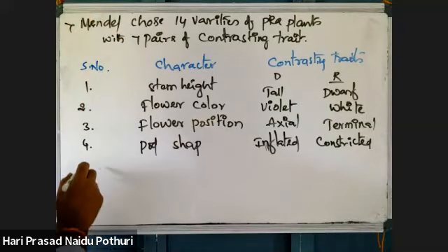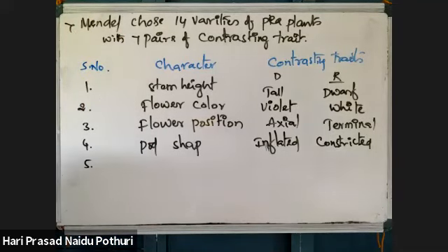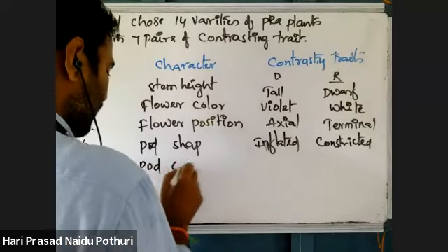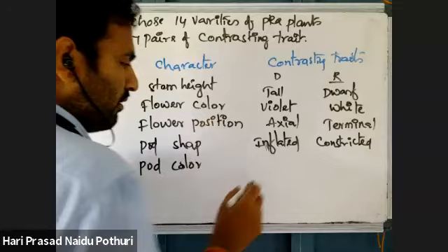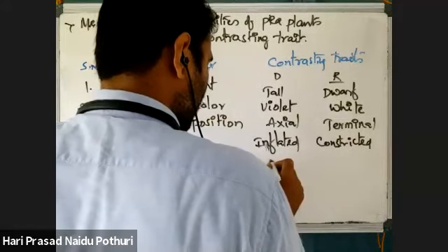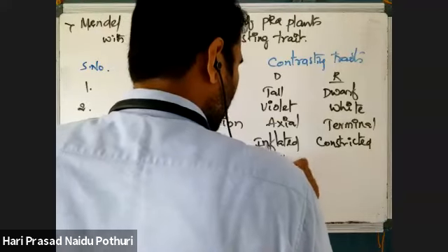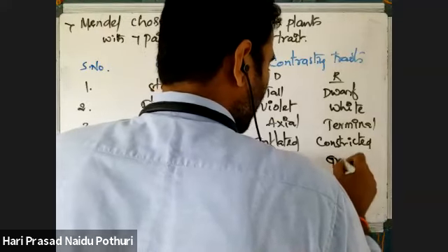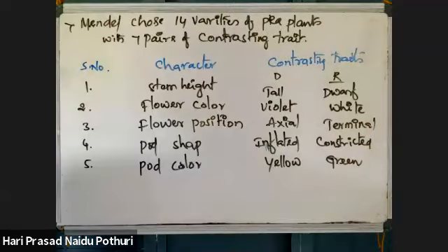Then the fifth one, pod color, may be green or yellow. Yellow is the dominant color, green is the recessive color.